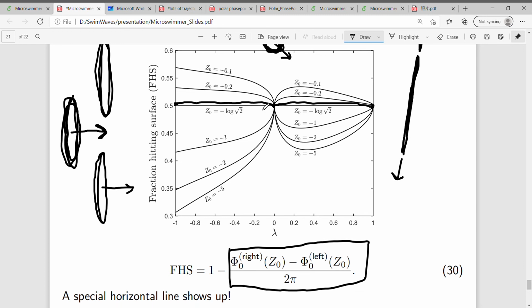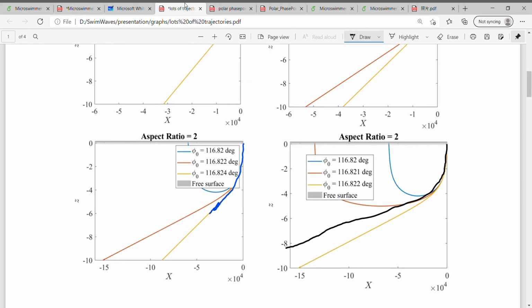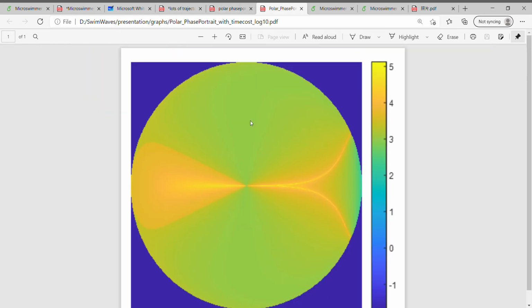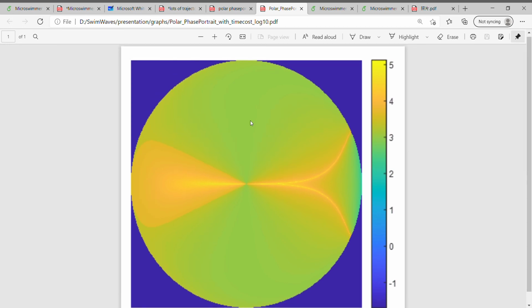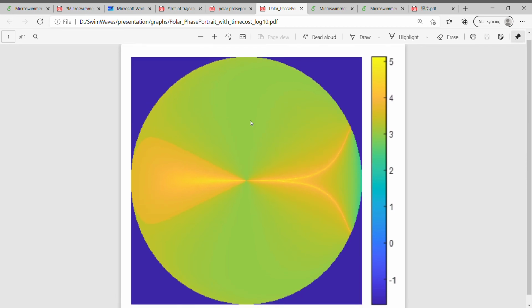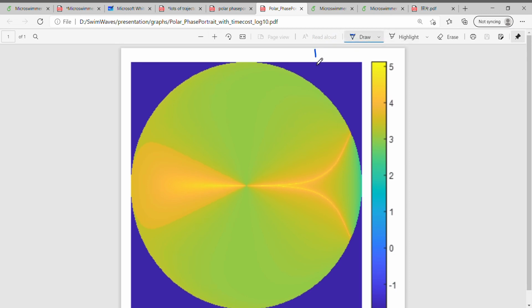And there's one more interesting thing that I want to share with you. It's this plot. I didn't label much on this because we didn't use it in the paper, but basically the color here means time, how much time each curve used.